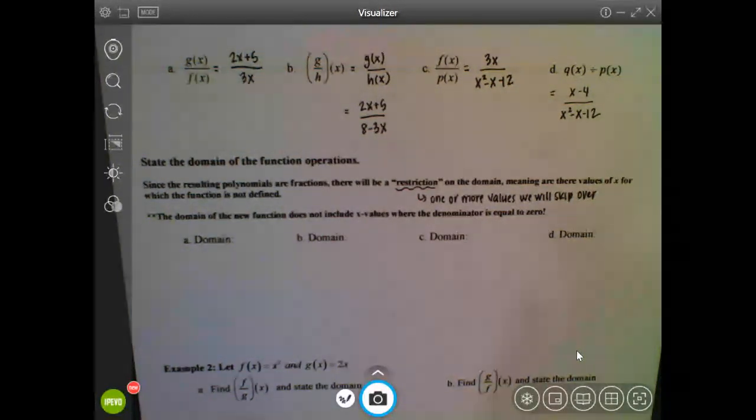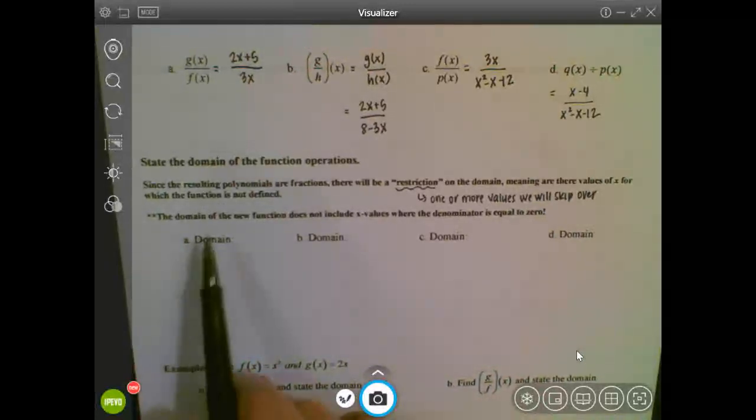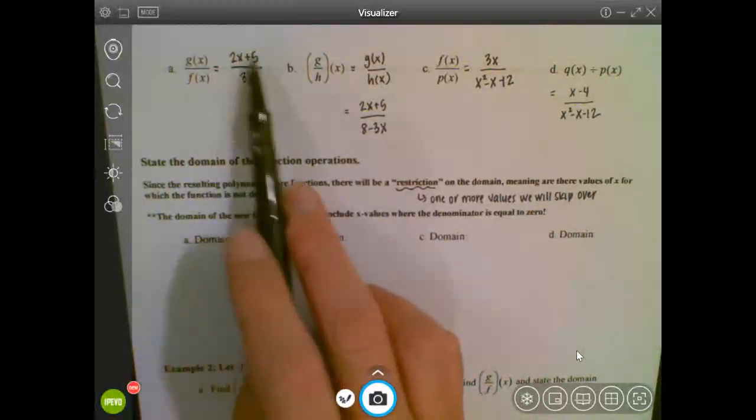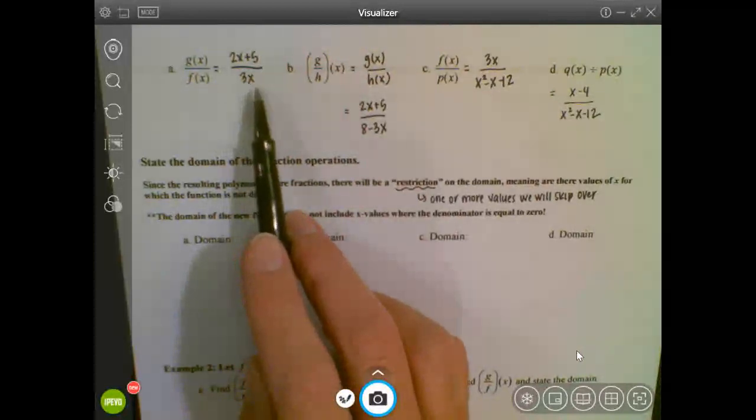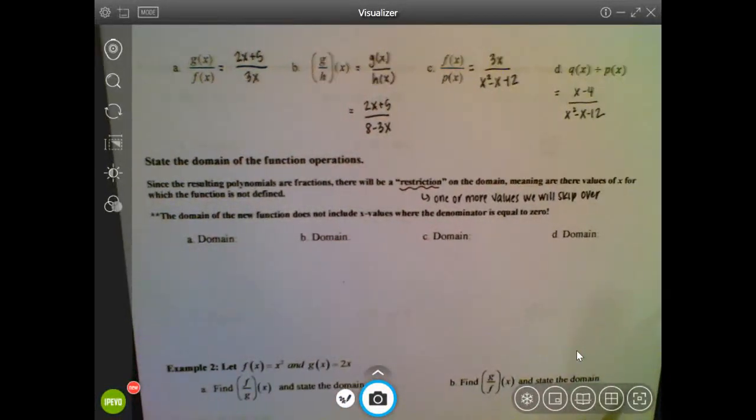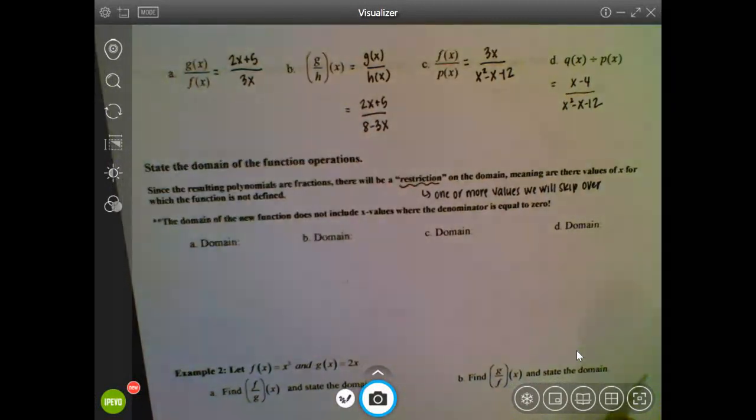Okay, so for example A, if we go back up to our example A up here, our function that we want to find our domain of is 2x plus 5 over 3x. So basically, we want to look at the denominator. We want to figure out, well, where is the denominator equal to 0?